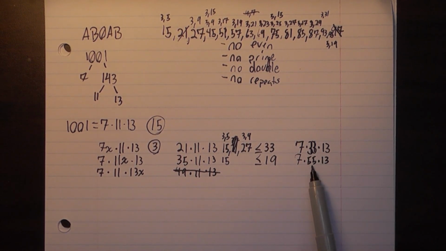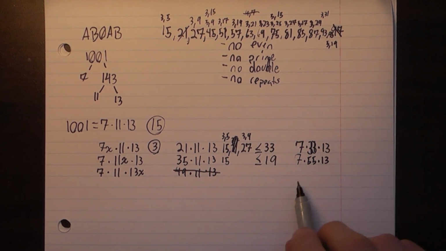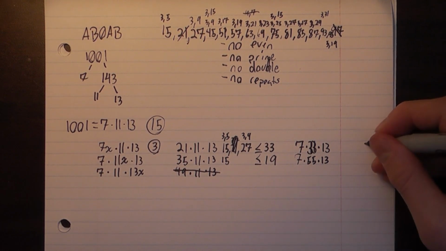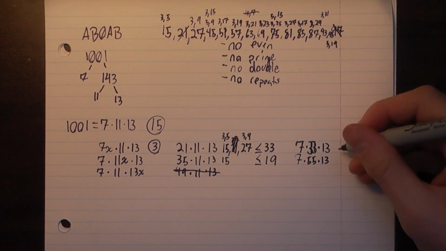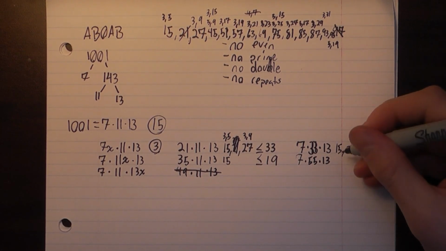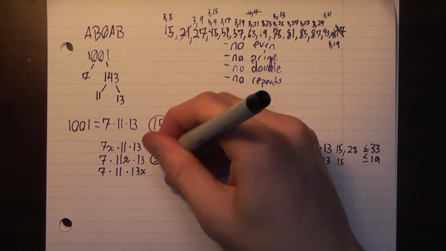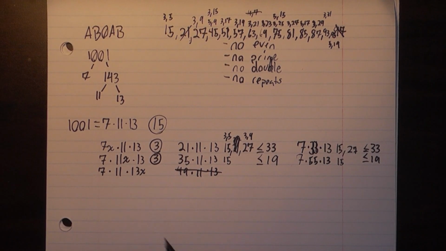This multiplies to 5005, so it's going to have the same exact limits. So it can't go any further beyond 55, and it'll have the limit of 33 and the limit of 19. So it'll have 15 and 27. And then this one will just have 15. So there's once again 3 possibilities for 11x.